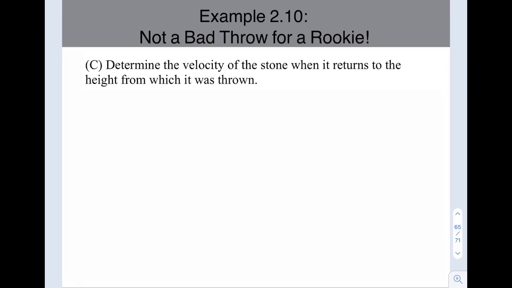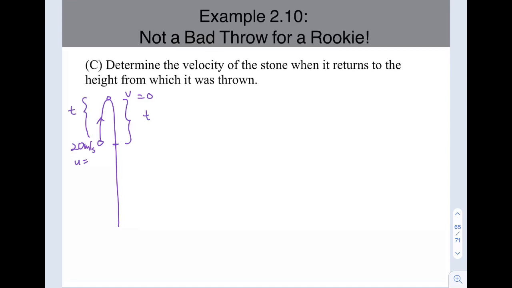And C, determine the velocity of the stone when it returns to the height from which it was thrown. So that means from this position moving up and then falling down. This is 20 meters per second. Here we have V equals 0, and then the time taken T here must be the same as the time taken to reach the same level here.